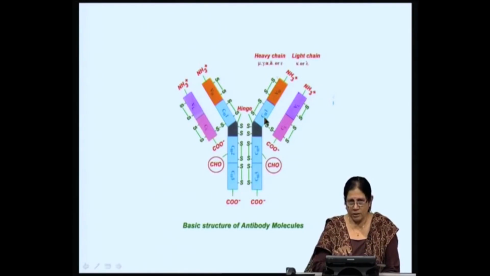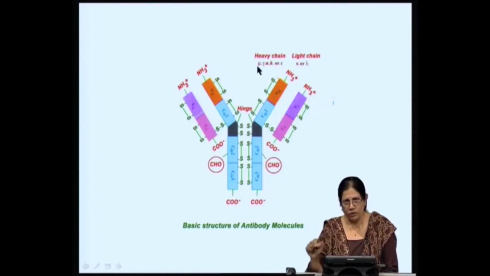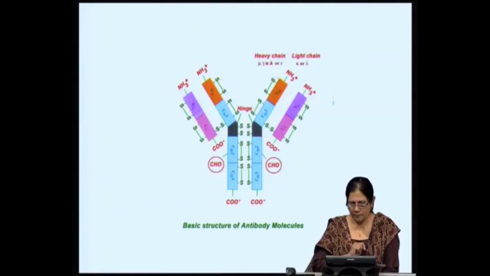Both heavy chains of an immunoglobulin molecule are identical, so also the light chains. An antibody molecule is at least bivalent, in comparison to those which have more than one monomer, where the valency can go as high as 10, and we will see that in a while.